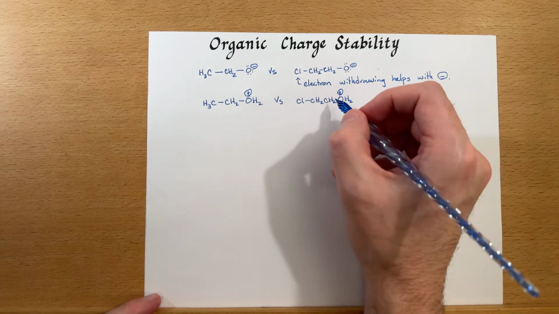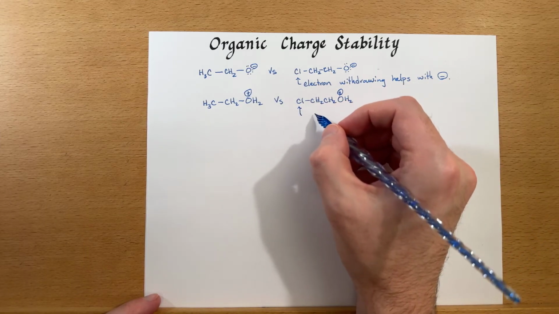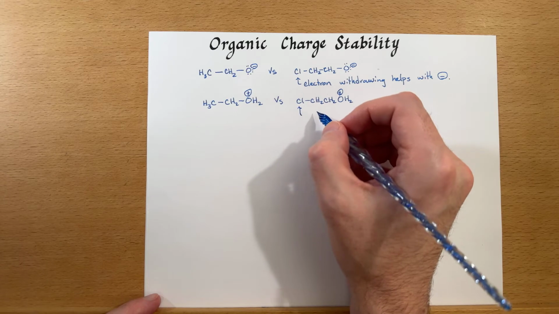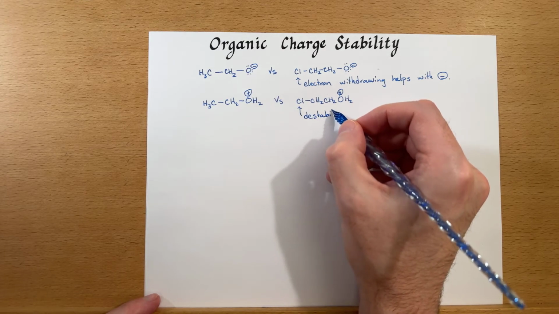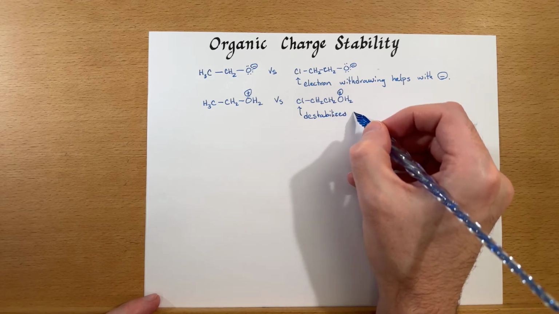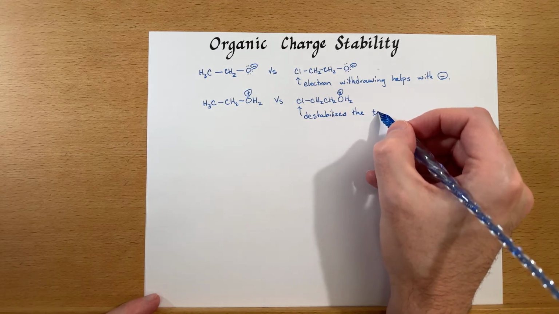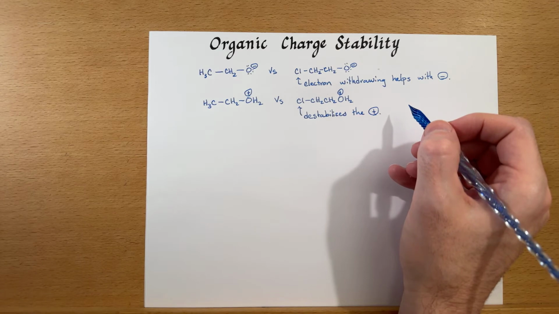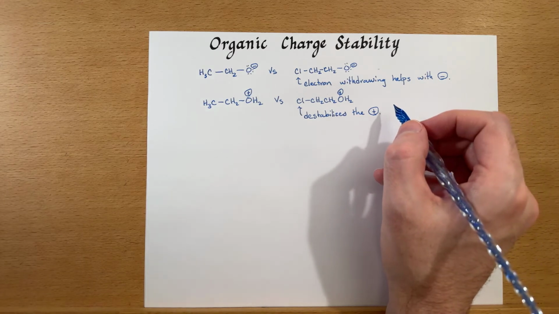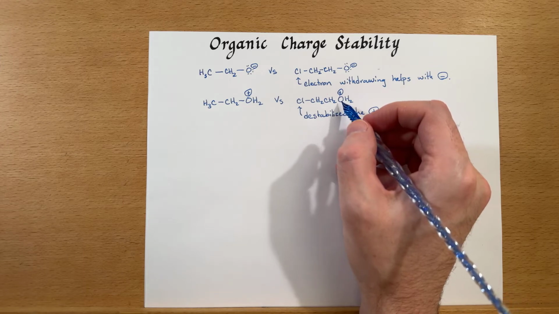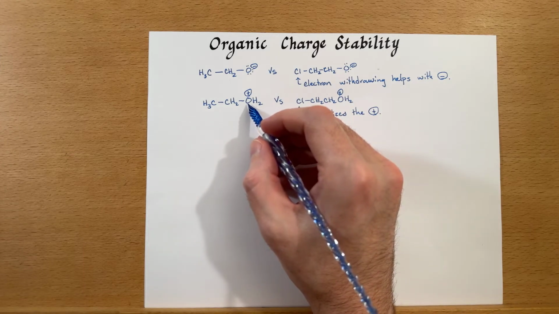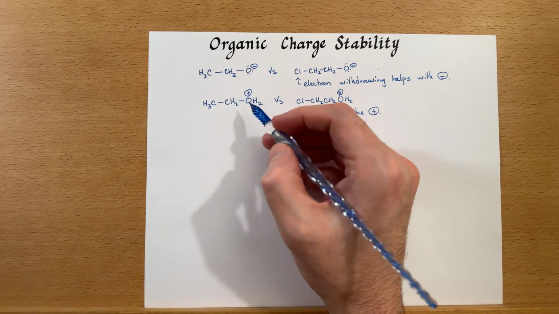And it does. This chlorine will destabilize the positive charge. So this species would be harder to form versus the one that doesn't have the electronegative atom on it.